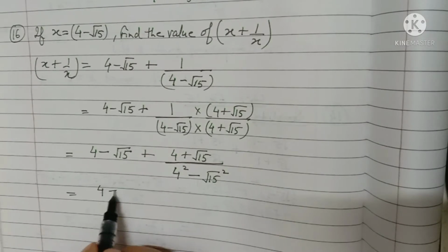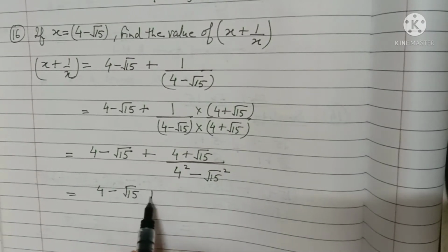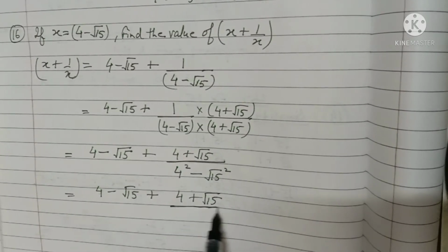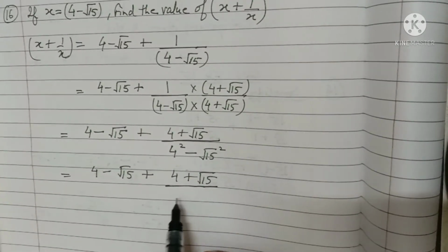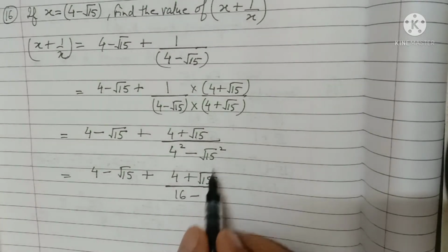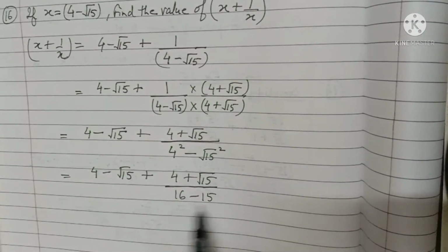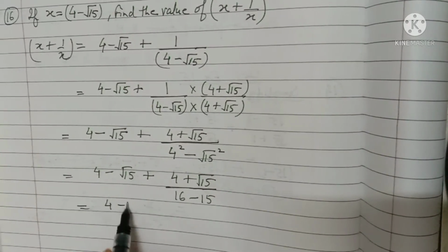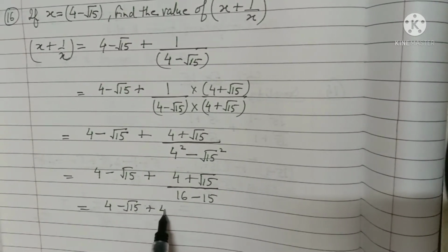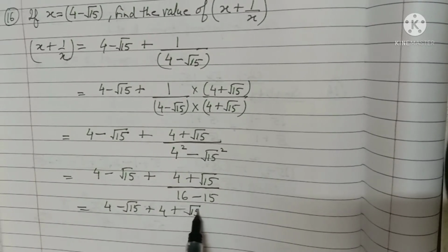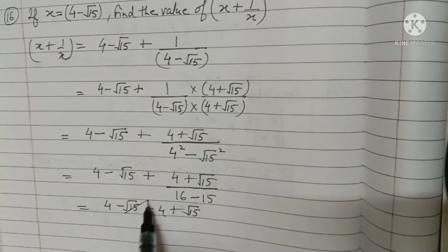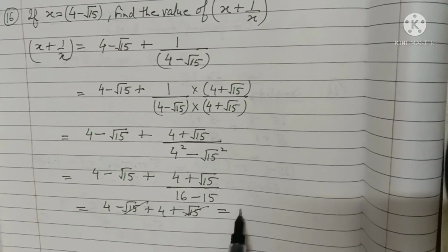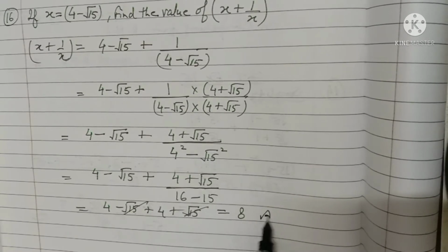This becomes 4 minus root 15 plus 4 plus root 15 upon 4 fours are 16 minus root 15 square means 15. So this will be 1 in the denominator. Now write down 4 minus root 15 plus 4 plus root 15, upon 1, no need to write. Now root 15 will be cancelled. You will get 4 plus 4, which is 8. So the answer is 8.